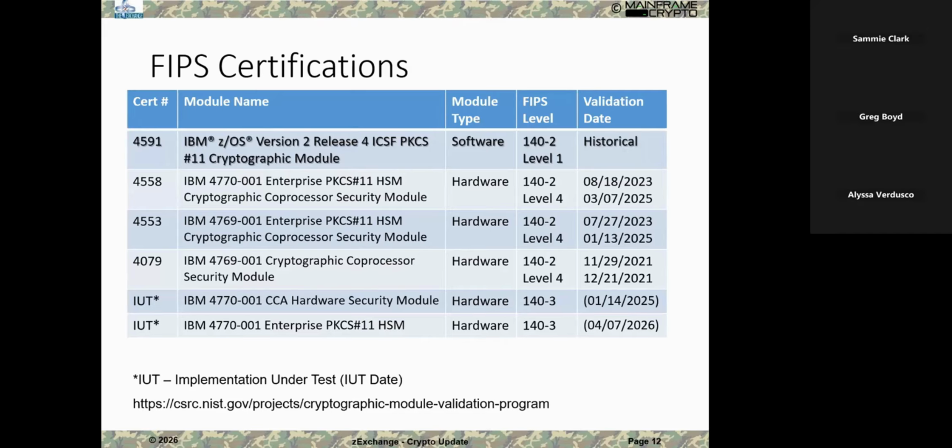So with that said, I want to go through some of the cards that IBM has available and the certifications that are available. The very first one there is for z/OS 2.4, and this is a software certification, so it's only level 1 certification, but for z/OS 2.4, the PKCS 11 support within ICSF was certified as being FIPS 140-2 level 1 compliant.